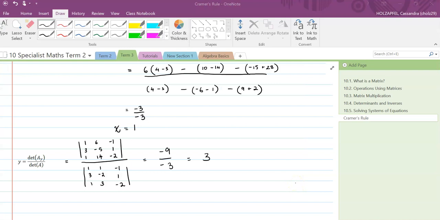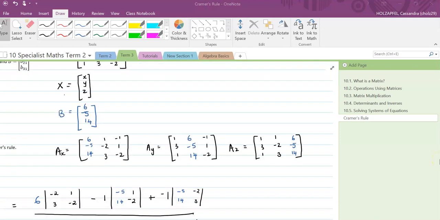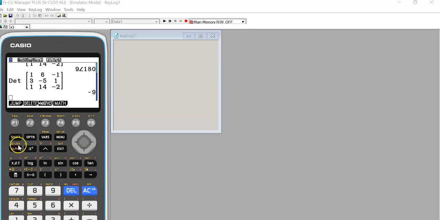Now we just need to repeat this process with our last variable z, and then we'll have our solution for our set of equations. Just as a refresher, this is the last determinant that I need to find. Jumping over to my calculator, we go into Option and then Matrix/Vector, and we're looking for the determinant.